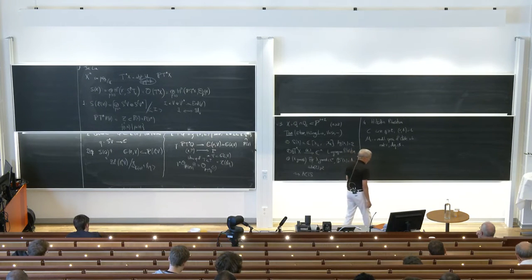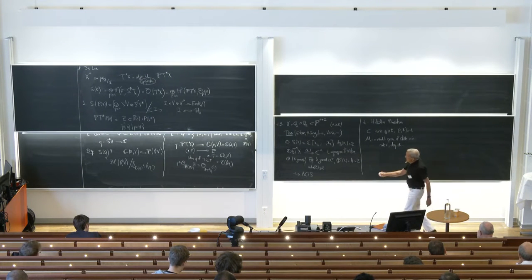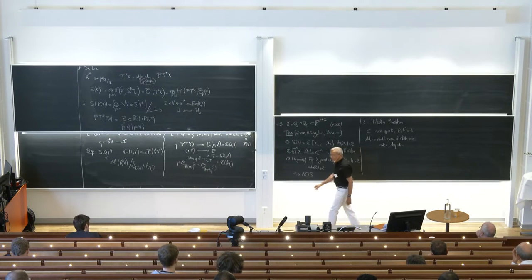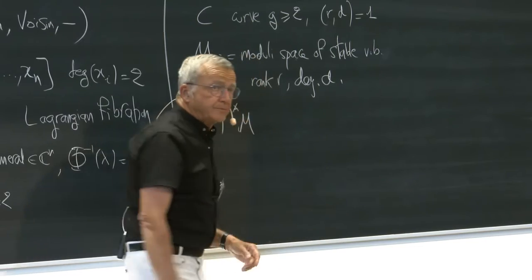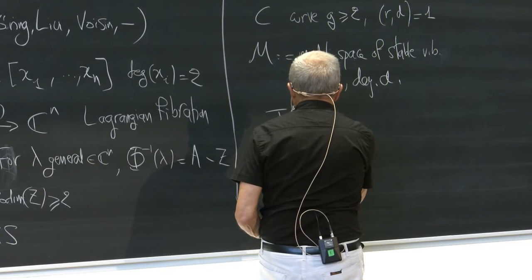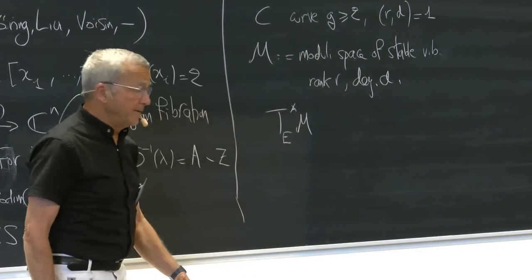And now Hitchin defined something like this. Maybe I should first recall how you define the Hitchin fibration. You look at the cotangent space, T star M. And what is T star M at a point E, corresponding to a vector bundle like that?